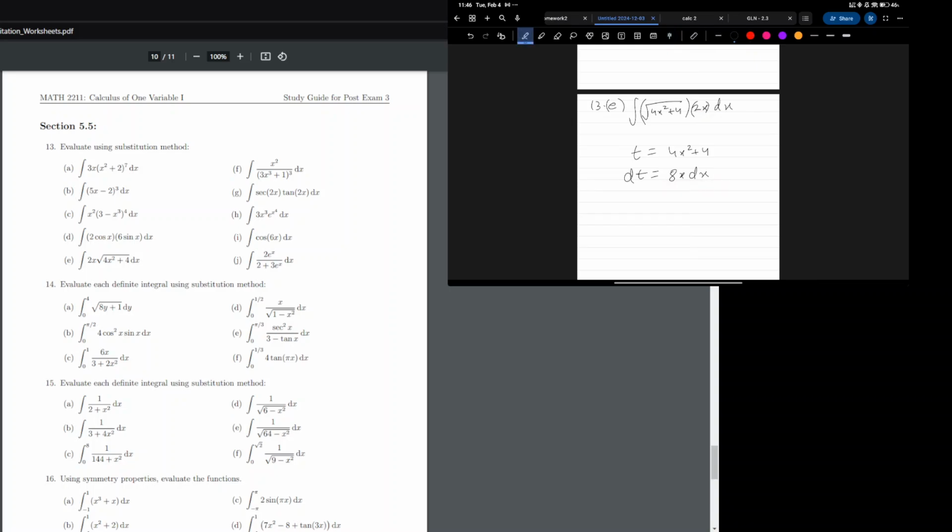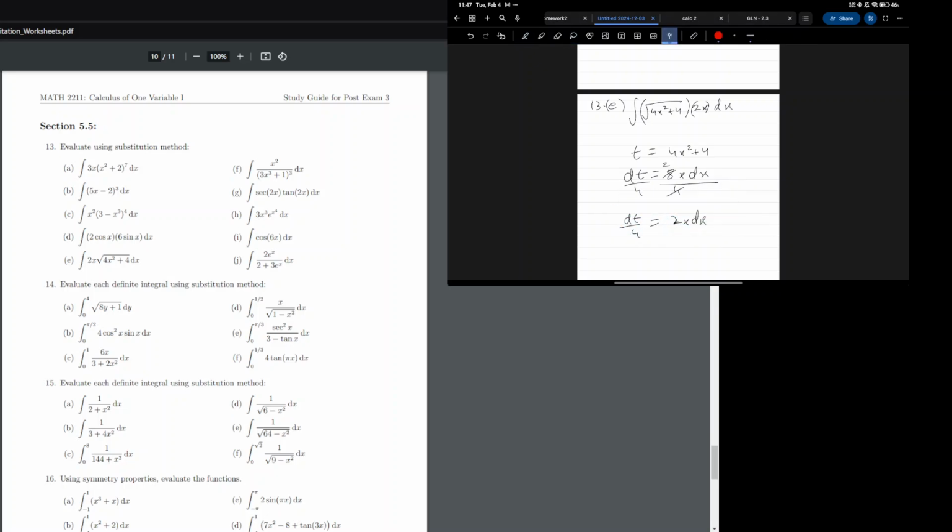Now, if you just want to not apply some brain, just move the constant over here, any constant that there is over here, and just multiply the constant that's over here. That would perfectly work. But even then, you can just divide by 4 on both sides. So this would make this 2, and I would get dt over 4 equals 2x dx.